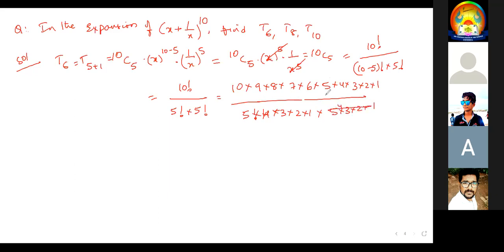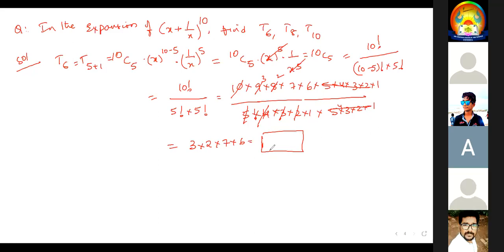Now this entire thing is getting cancelled. 5 twos are 10, 4 ones are 4, 2 twos are 4, 3 ones are 3 threes are 9. So what will be remaining? 3 into 2 into 7 into 6. Please calculate. So 252. Very good.